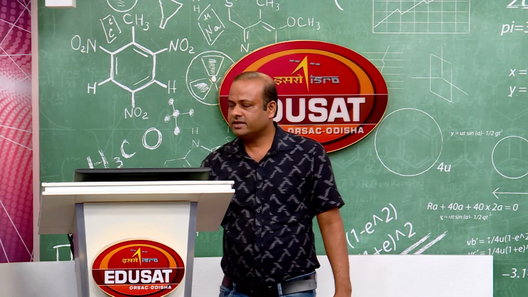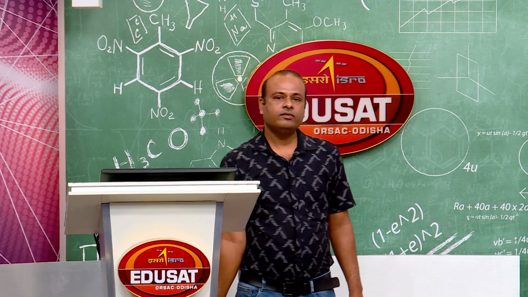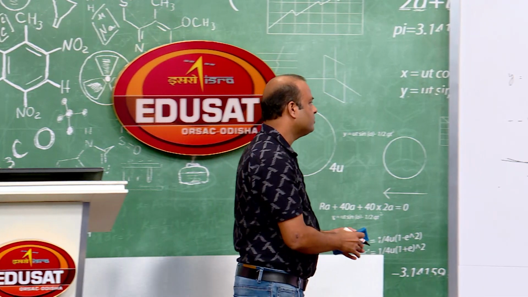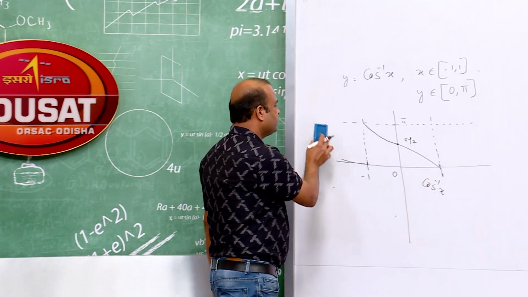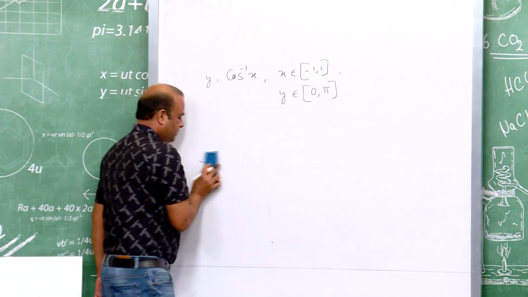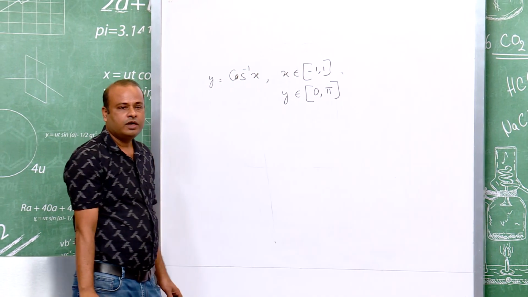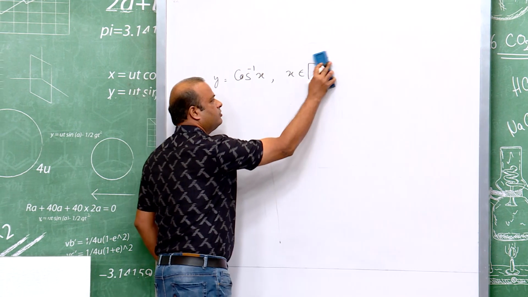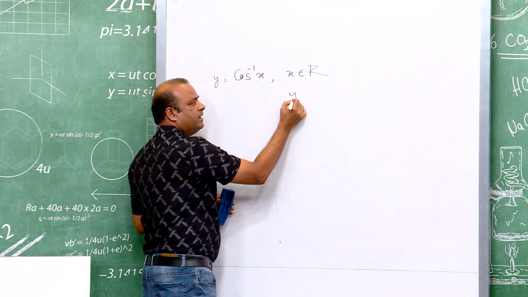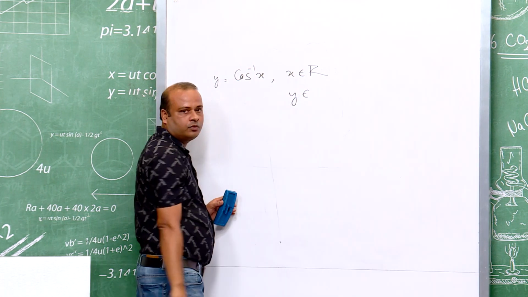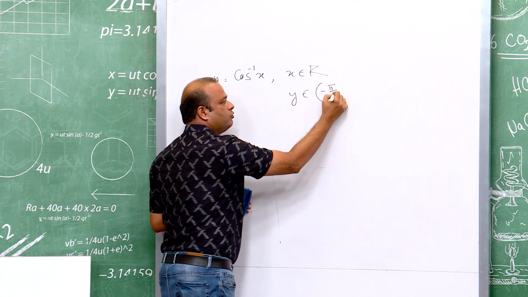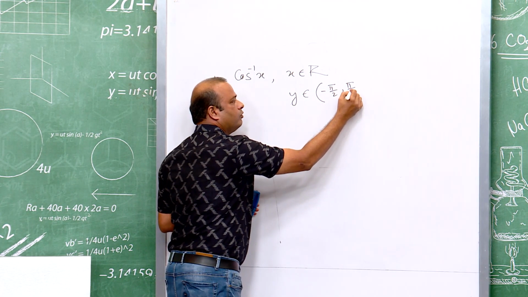Likewise, you can see the graph of tan inverse x. So, y is equals to tan inverse x, x belongs to R and y belongs to the open interval of minus pi by 2 to pi by 2.